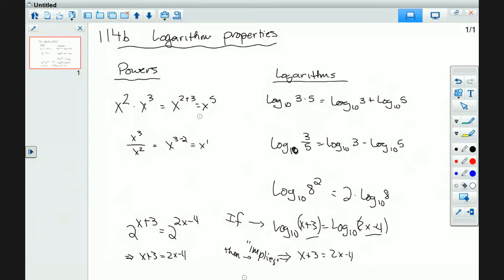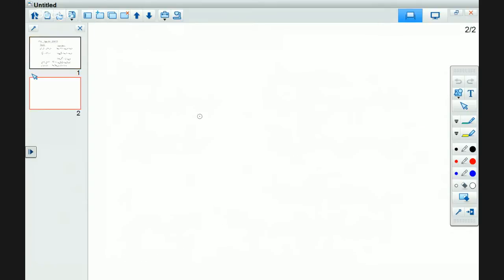Okay, a couple example problems, and then we'll get to drafting and we'll be good. Let's solve some problems here.